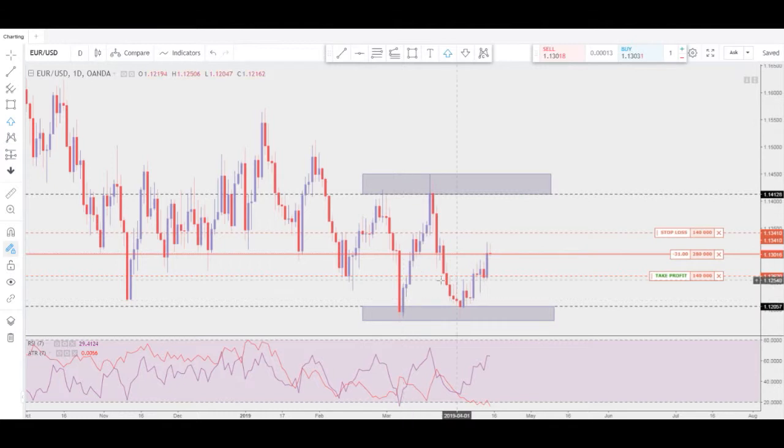Looking left, we've got support, support, support. It's a level that is acting as support and resistance. Now we've come back and we're finding resistance.